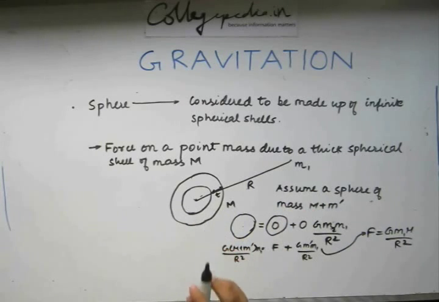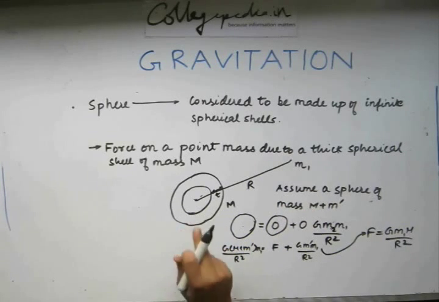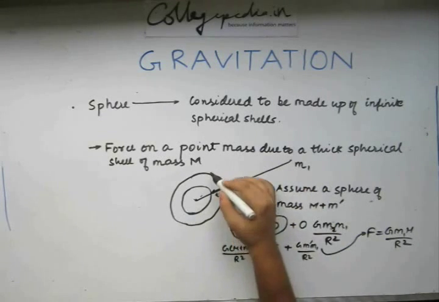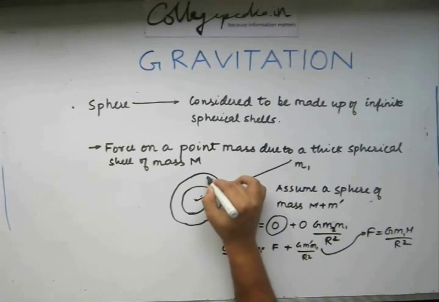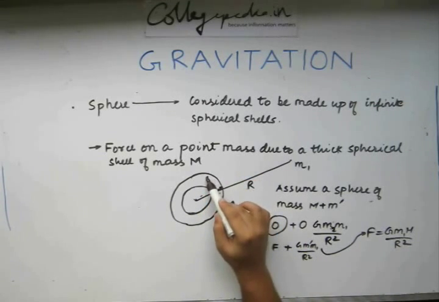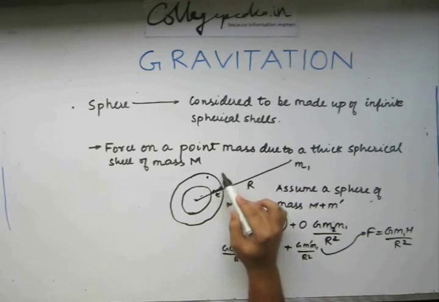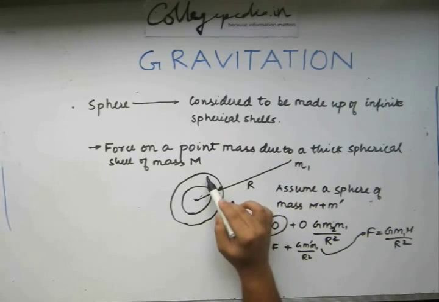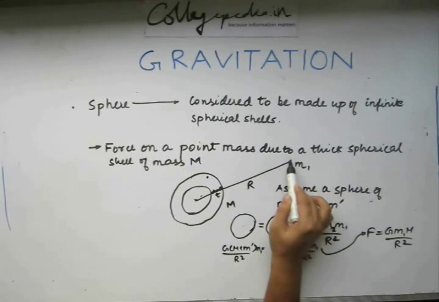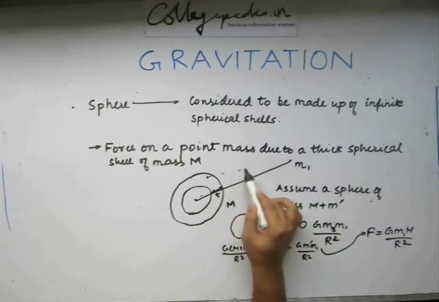Note that this can also be proved, or stated logically. Say we consider a small mass dm at any point on this sphere. The interactive force between this small mass and this mass m1 is going to be along this line.